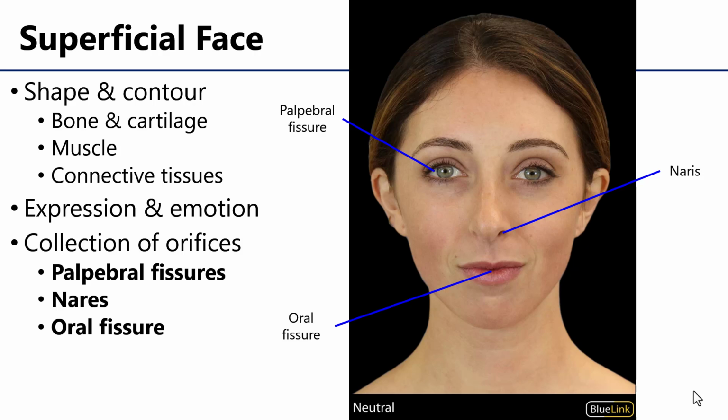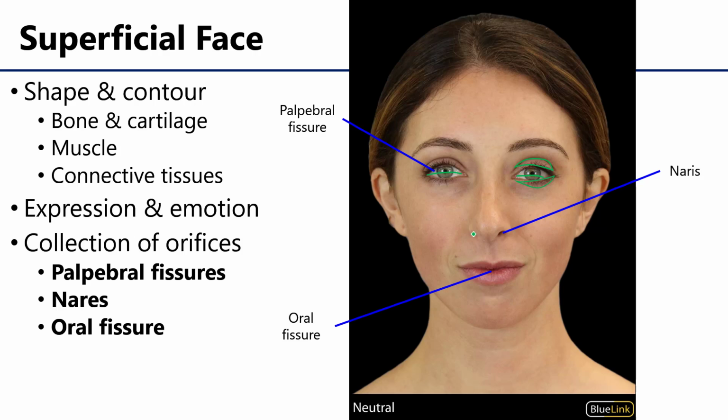Another, albeit much less romantically, associated perspective of the face is that it is a collection of fissures. So for instance, we have palpebral fissures. The palpebrae are the eyelids, of which there are a pair of upper and a pair of lower eyelids.